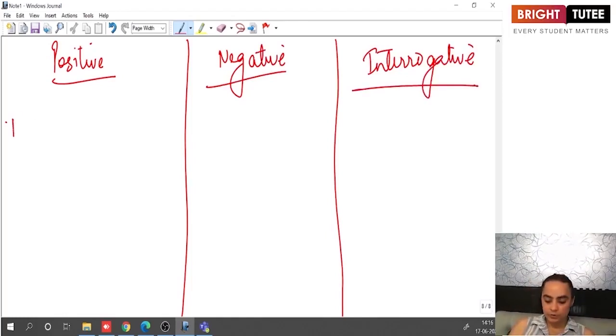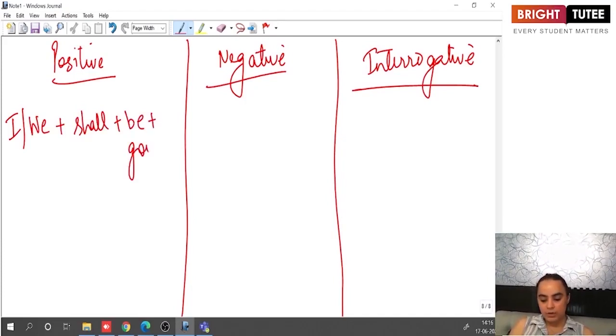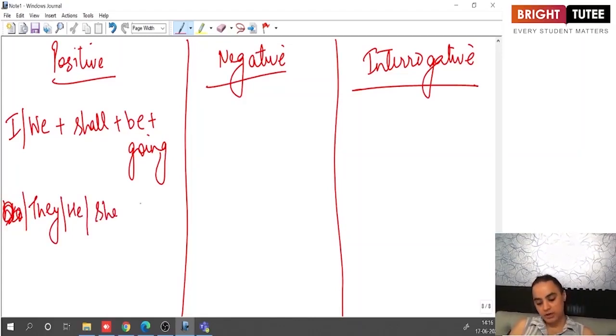As I told you, with I and we use shall. So I shall be going. And with the rest of the nouns or the pronouns, that is they, he, she, it, you, plus will, plus be, plus going.